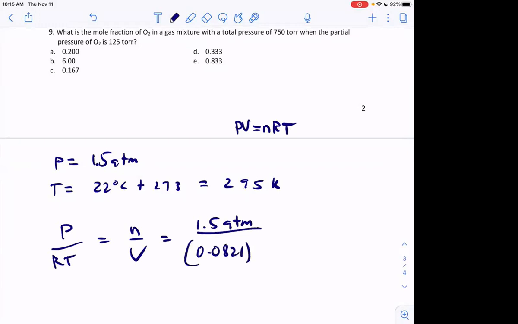I'm leaving out the units because I'm getting lazy, and 295 K. You do it so many times you know what the units are. You work on an exam, you get comfortable enough with it. So we're solving for N over V. Maybe I will write it here so we can see it. It's supposed to be a K. Liter atmosphere per mole Kelvin.